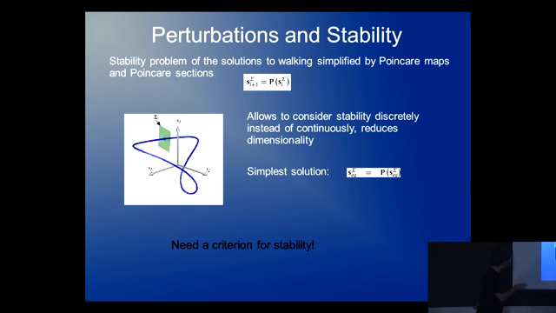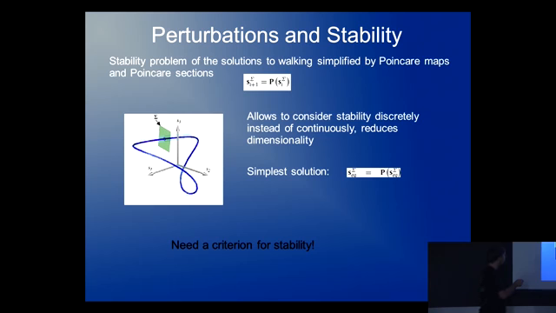To simplify this very complicated continuous motion, we'll introduce something called Poincare sections, which are hypersurfaces, and a Poincare map. If we have a solution that orbits, then it intersects the Poincare section at some point.